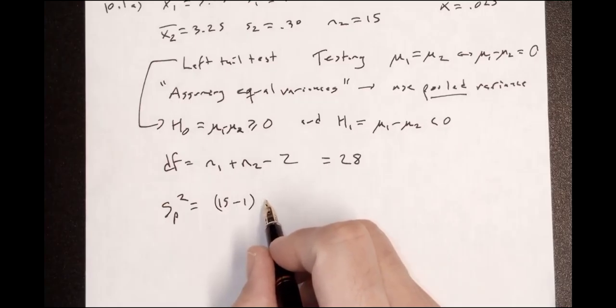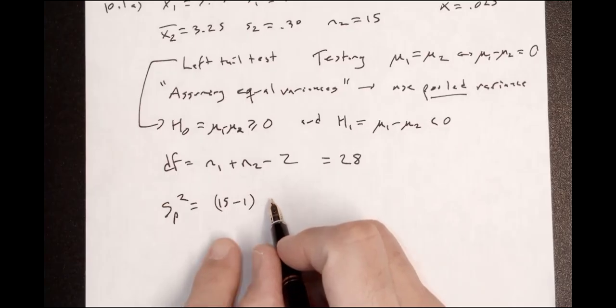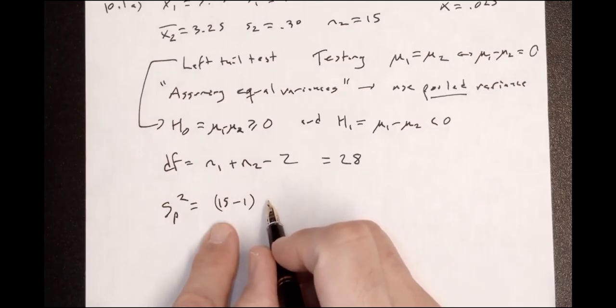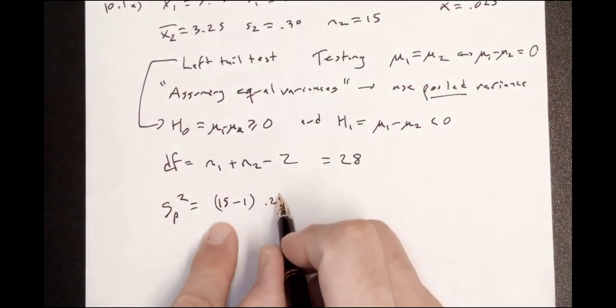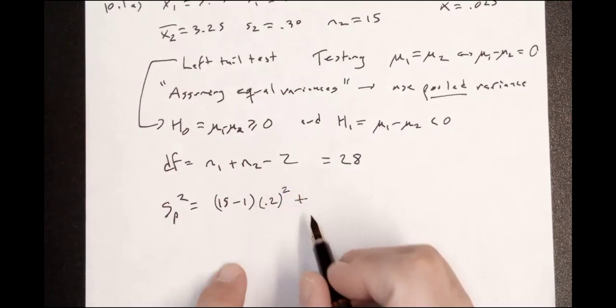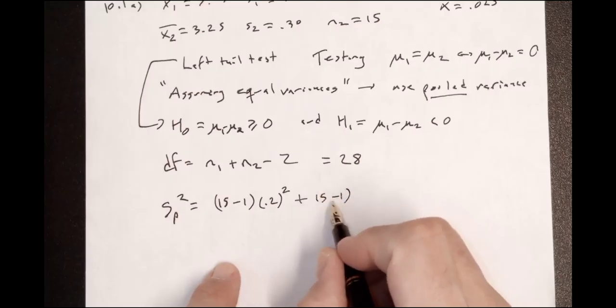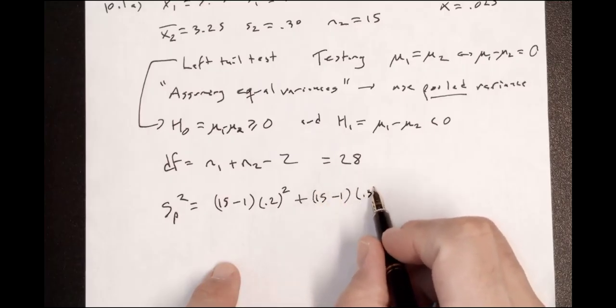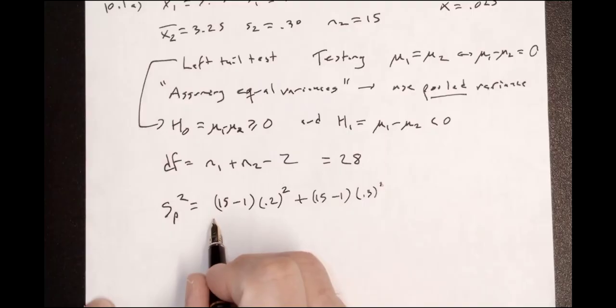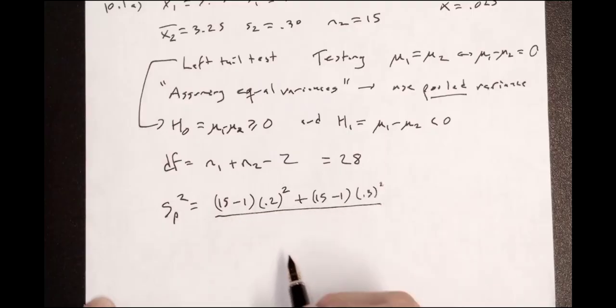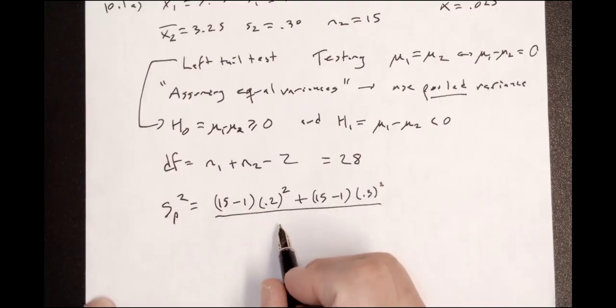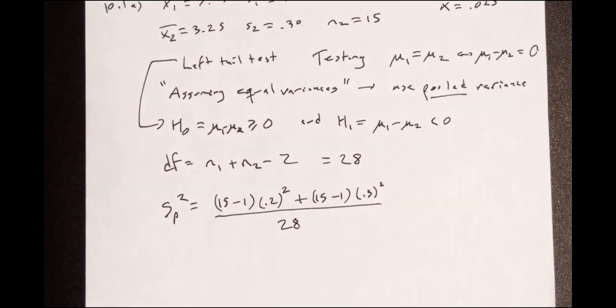N1 minus 1 times S1 squared, which will be 0.2 squared, plus N2 minus 1 times S2 squared, 0.3 squared, over N1 plus N2 minus 2, so the degrees of freedom. Yay, a number I already worked out. Wonderful. Somebody give me a number.